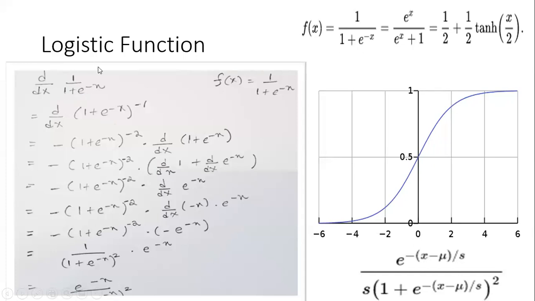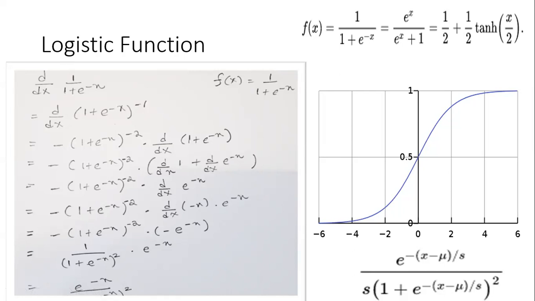When you take the denominator up, you get -1. I can write this as this one because -2 + 1 is -1. I take the derivative on this side because I can move the derivative, and then I take the derivative of the internal term. The 1 becomes 0, there's no derivative there. Then I have e to the minus x. The derivative of e to the minus x is what?